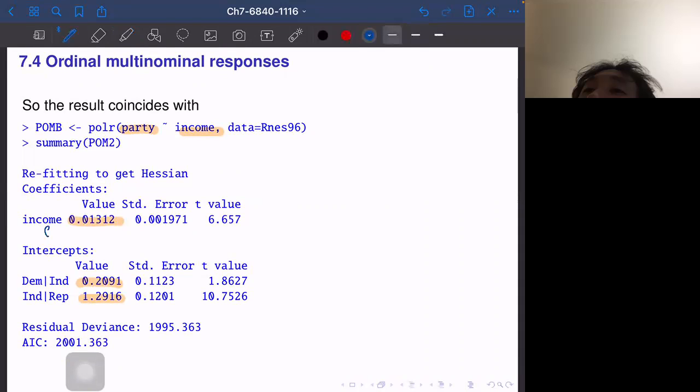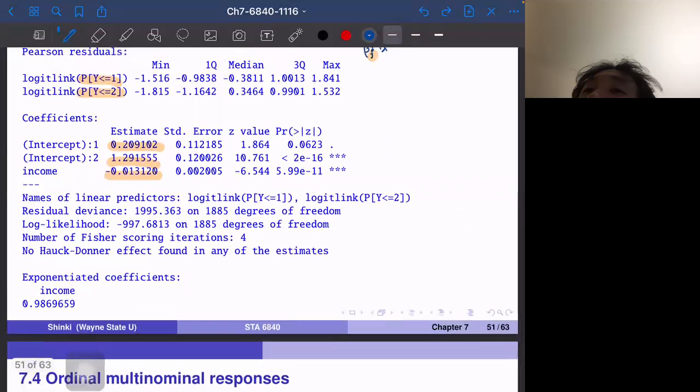And since beta is only one, it doesn't depend on j for the usual proportional odds model. So here it is negative 0.01312, just one number, and in the previous page it appears here.